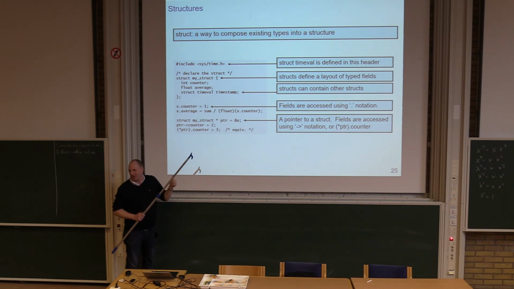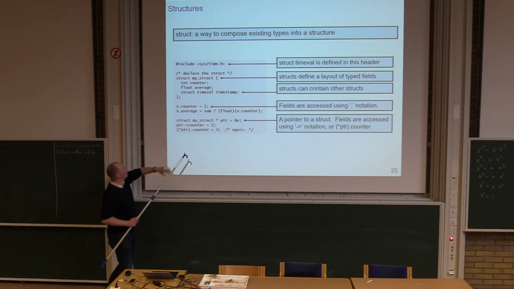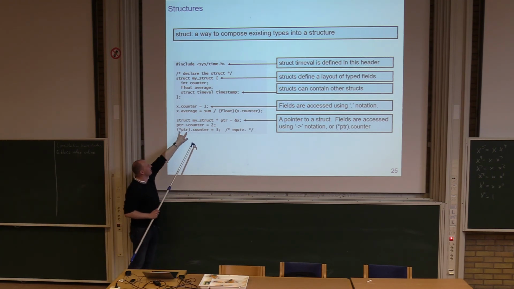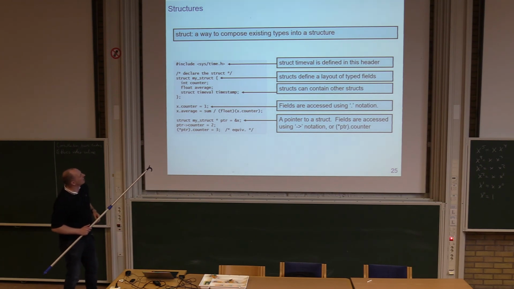But if you have the address of a myStruct, then you have to use this notation instead. Or there is an alternative: you dereference the pointer, which was the address, with the star notation, because now you will get the value, and then you can use the dot notation. So it's similar.